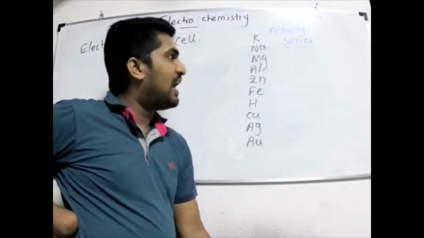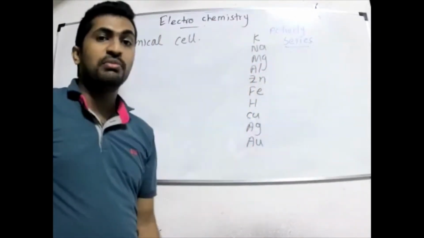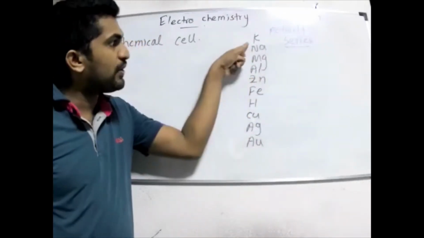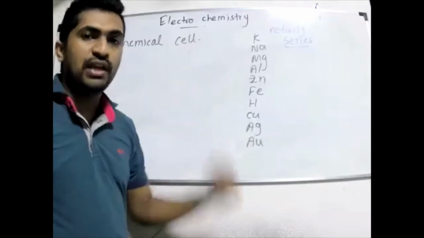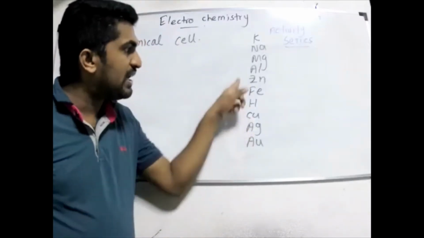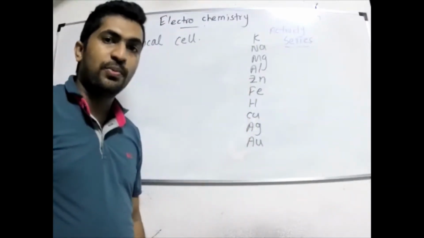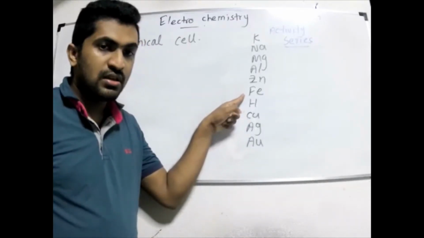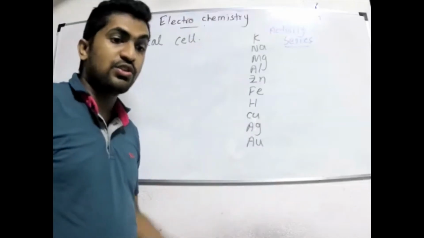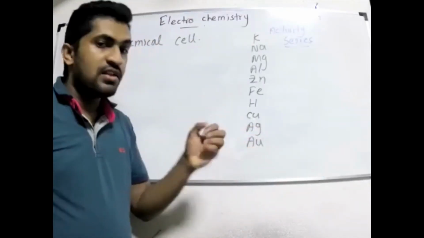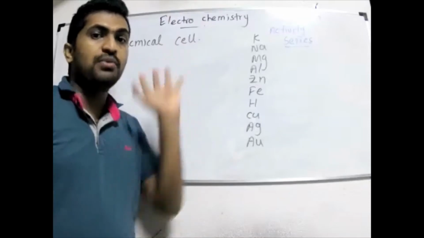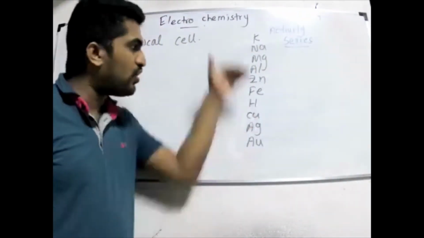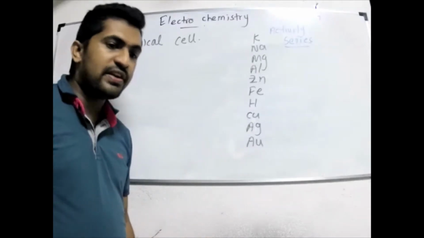Like that, the uppermost ones go to the reaction first because they are highly reactive. Potassium is more reactive than sodium. Zinc is more reactive than copper. Zinc is more reactive than iron. Because of that, the uppermost ones go to the reaction first before the lower ones. Did you get what I said?